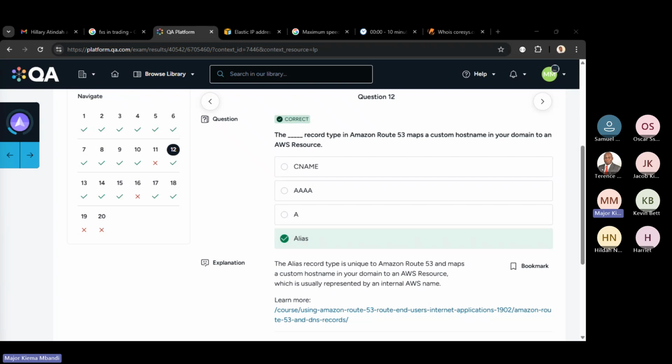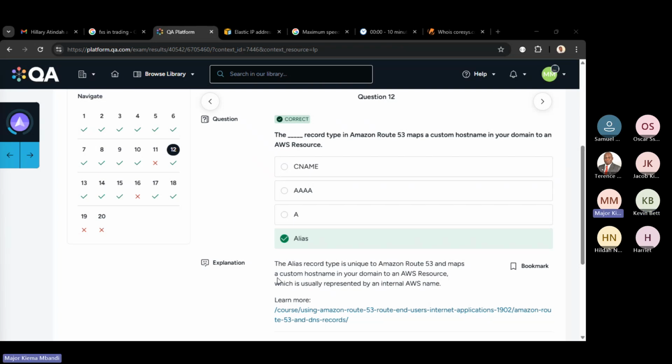So by now you know the A record, what it does, quad A, CNAME, and then alias. If I just expound on what I'm understanding: the AWS resource would have a name which is very local to AWS, and now you're mapping a domain name to that name.